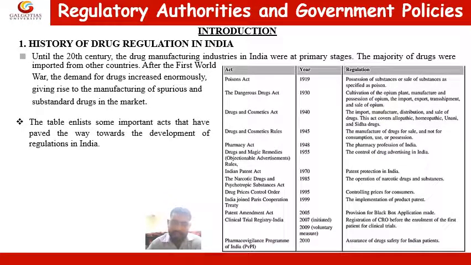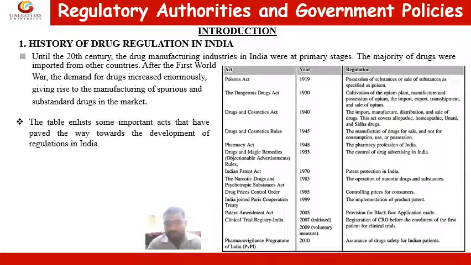The first act is the Poisons Act, which was passed by Parliament in 1919. This act has a provision that the possession or sale of substances specified as poison is prohibited, and specific sections and penalties are listed in that act.